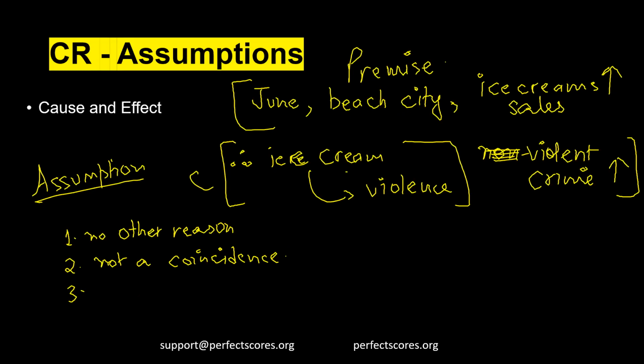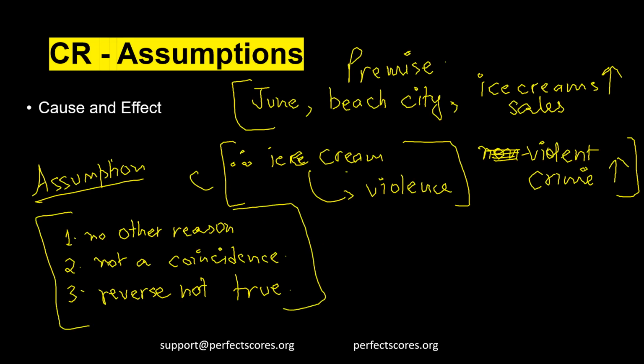And the third one, which is applicable whenever the cause and effect are happening at the same time, is that the reverse is not true. That means it's not that people are violent, and because of that violence, ice cream sales have increased. So the reverse is not true. These are the three assumptions.